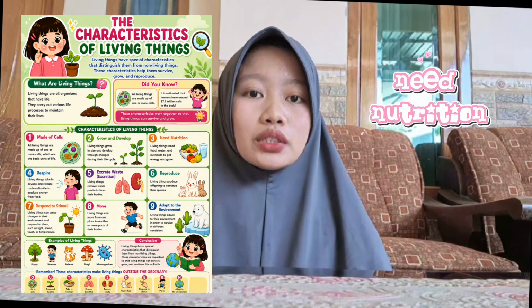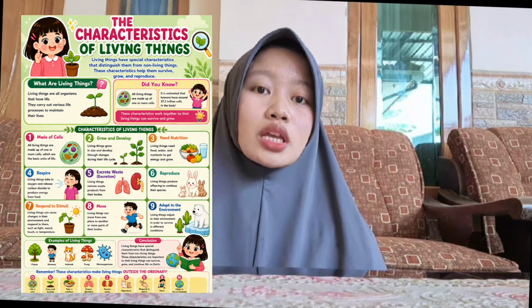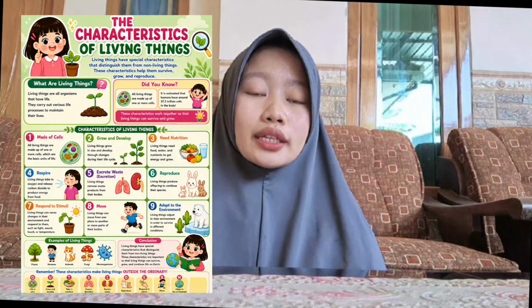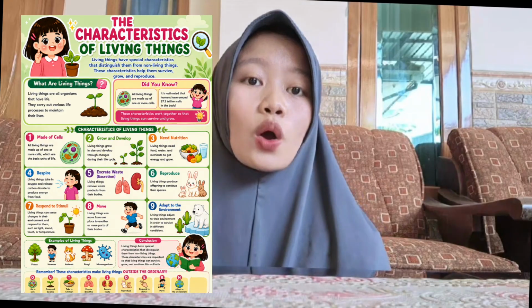The third characteristic is nutrition. All living things require nutrients to obtain energy. Humans and animals get nutrients by eating food, while plants produce their own food through photosynthesis using sunlight, water, and carbon dioxide. Different living things obtain nutrients in different ways.